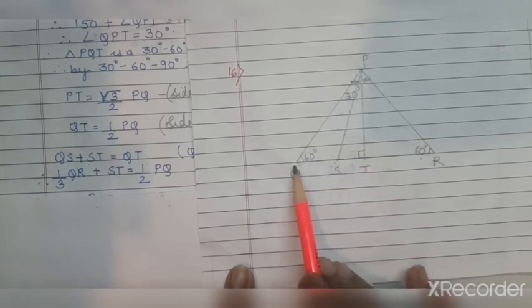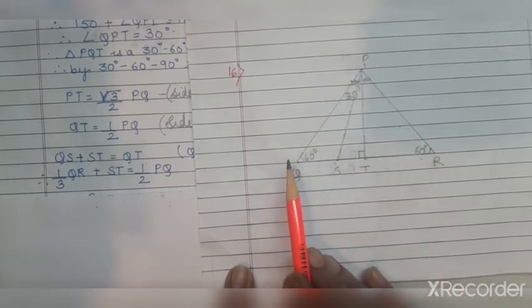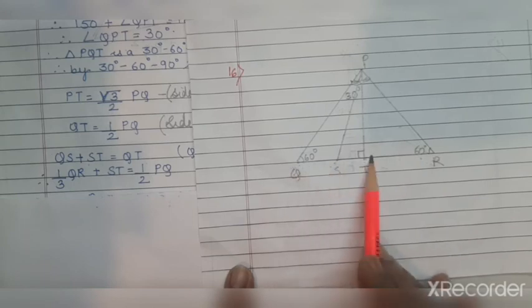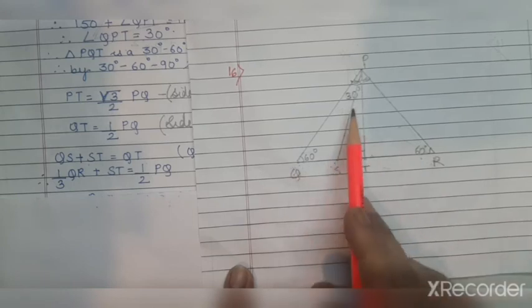Now QS is given as 1/3 of QR, which we will substitute here, and QT is half of PQ, which we got from the 30, 60, 90 degree theorem. So instead of QS we'll write 1/3 of QR, and instead of QT we'll write half of PQ.